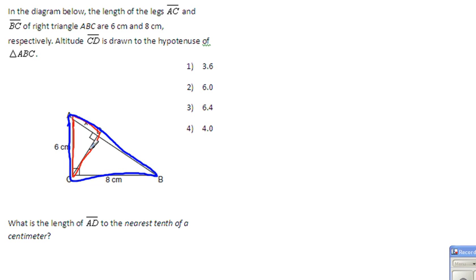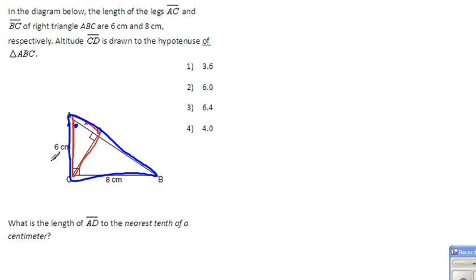Both of them, the red triangle has one right angle, the blue triangle also has one right angle, and this dotted angle is common in both triangles. So therefore, by AA, we know that those two triangles are similar.